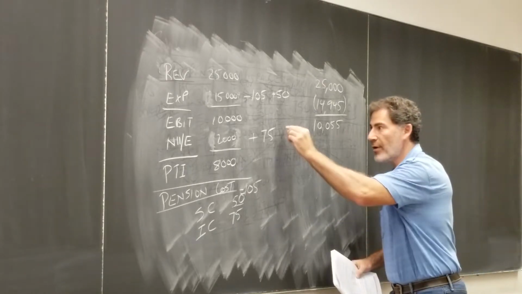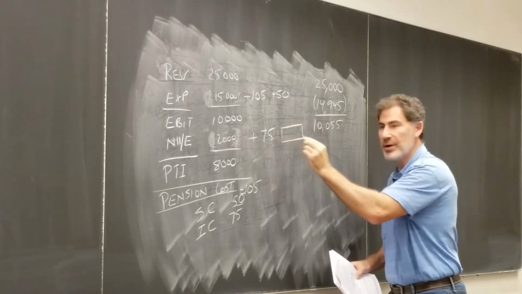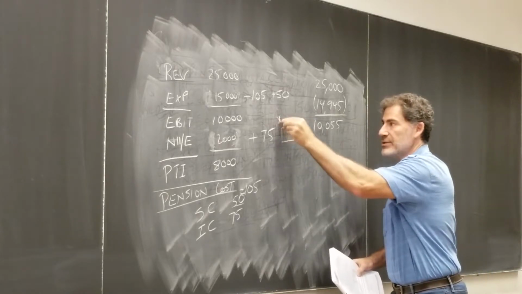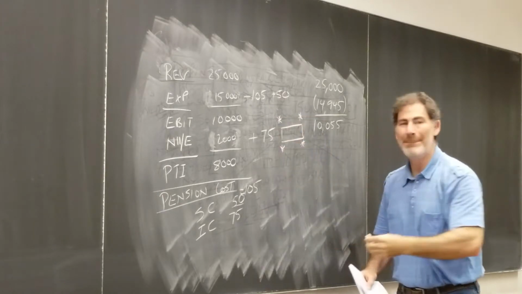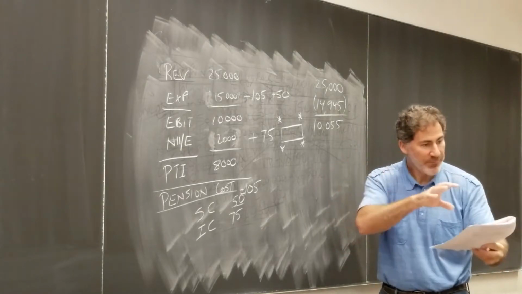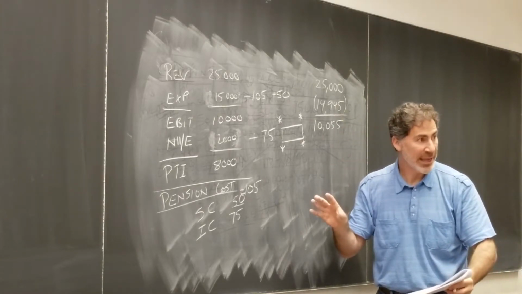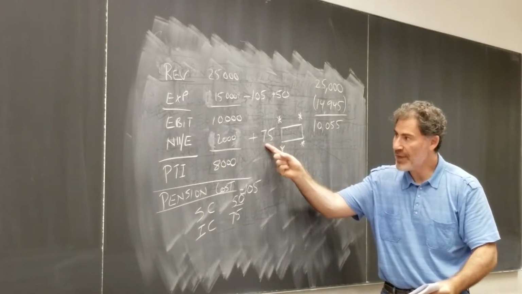There's going to be one other element that I want you to keep your eye on here. I didn't put it in this example, but let's put some stars around this, because I think you're going to have to be aware of it. Remember, in our item set format, they're going to have the information throughout the case, and you're going to have to put it together. So I've moved the 75,000.